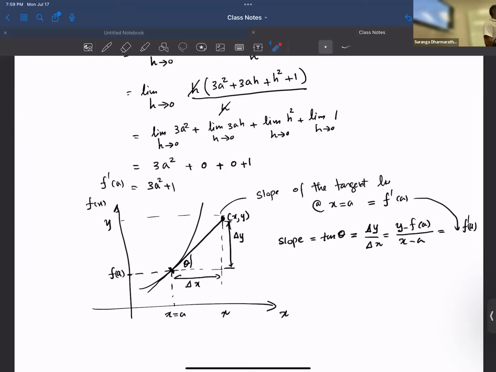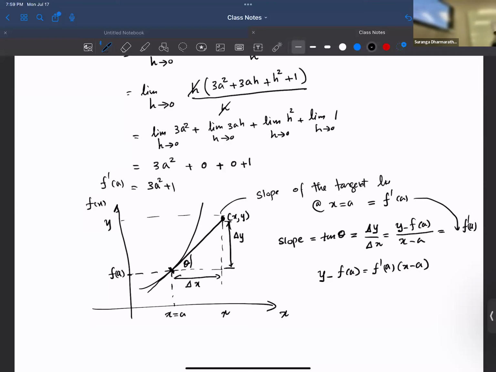So that is the equation of the tangent line: y minus f of a equals f prime a times x minus a.